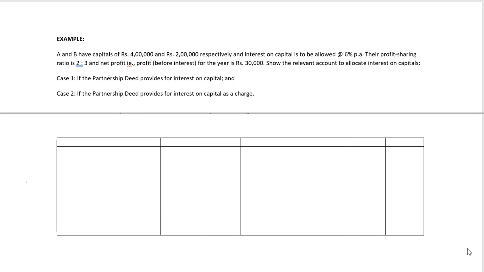Show the relevant account to allocate interest on capitals. Case 1 says, if the partnership deed provides for interest on capital, and case 2 says, if the partnership deed provides for interest on capital as a charge.